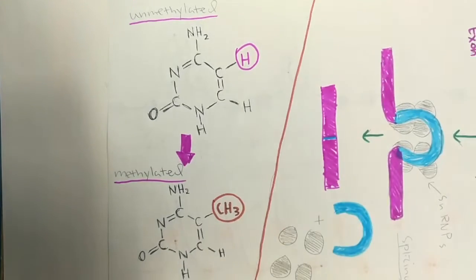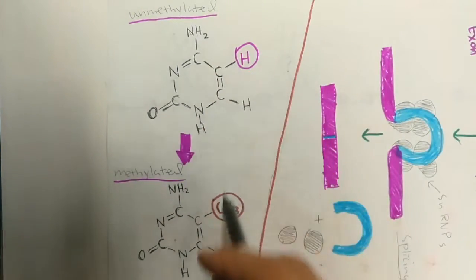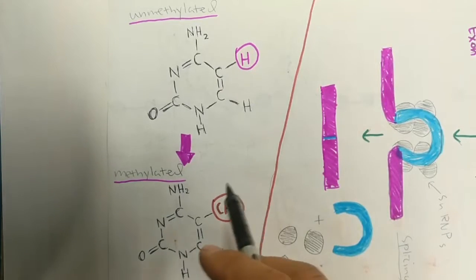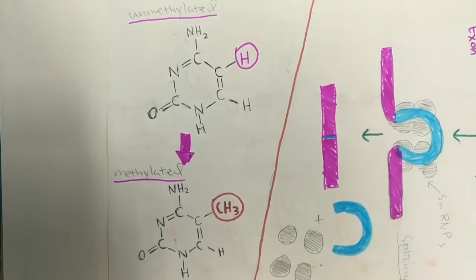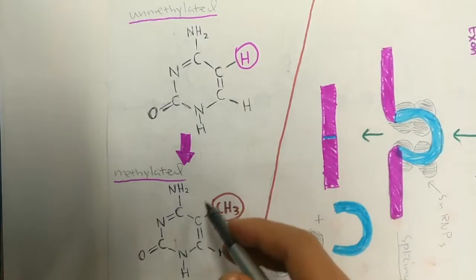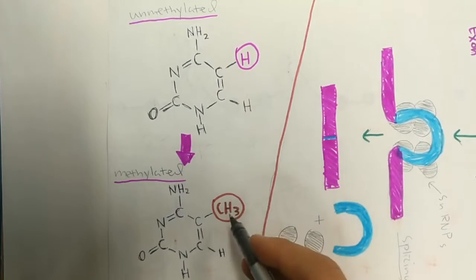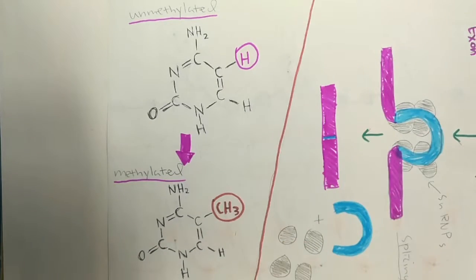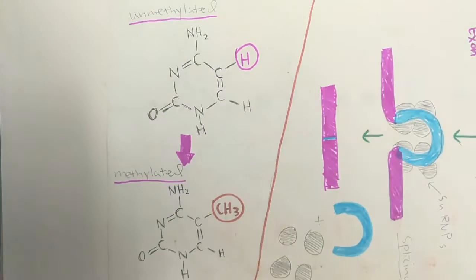Then when it is methylated, the hydrogen is replaced with a methyl group, composed of one carbon atom and 3 hydrogen atoms. So the functional group changes. This results in an alteration in the bond angles of the DNA, and so it forms a condensed structure.